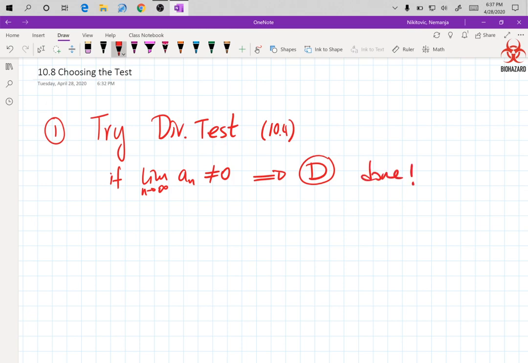So that's the test. You take the limit of the sequence, right? The sequence is the a_n within the series. The series is the sum of the sequence. So you take the limit of a_n, and if that one is anything but 0, could be 1, could be e, could be infinity, anything different than 0, it's divergent, and you are done.